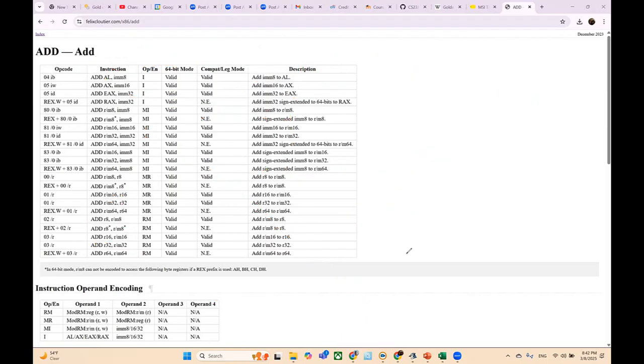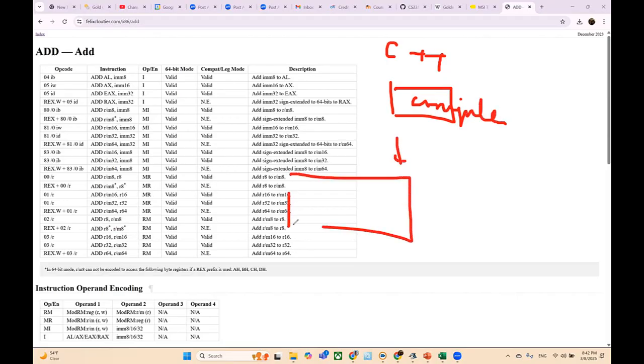Is that okay? So in a way, you have your C++ program, you compile it, and you get an x86 executable. This executable is machine code of this kind.